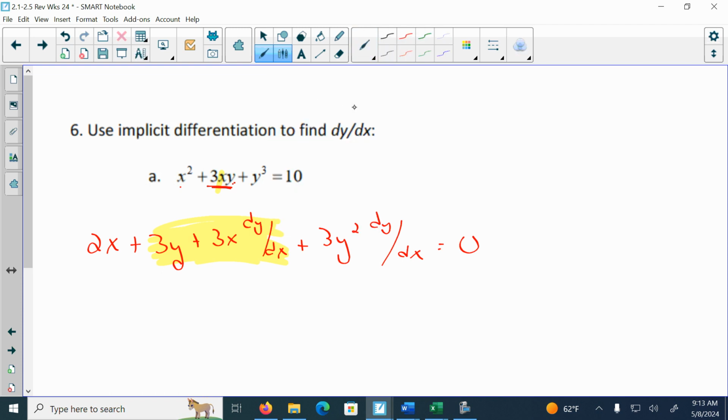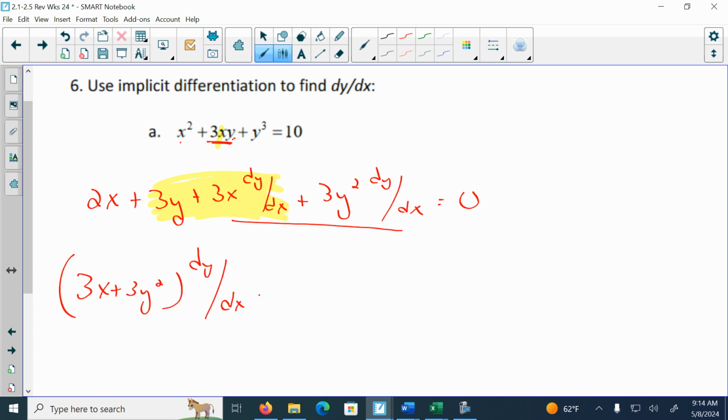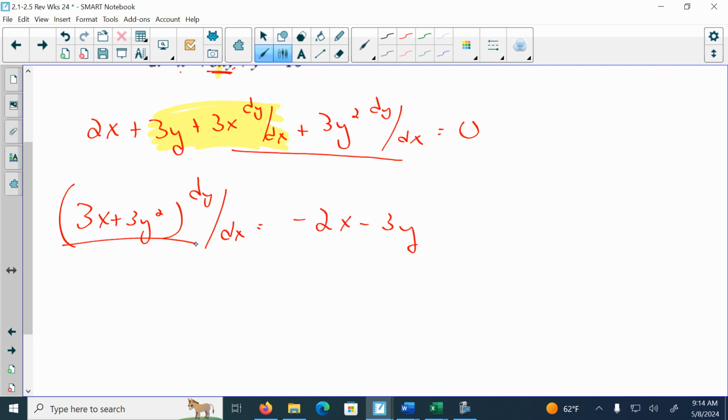All right, moving on. I'm going to put everything with the dy/dx on one side. So these are going to stay on this side, and the other two things are going to go on the other side. So I'm going to have 3x plus 3y squared, both of these have a dy/dx, and on the other side I'm going to write negative 2x minus 3y. Now to solve for dy/dx, I'm going to divide by this.